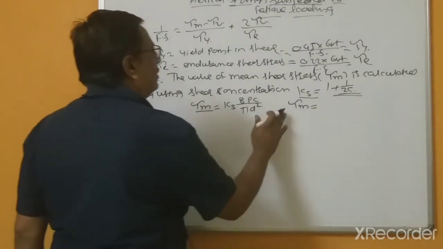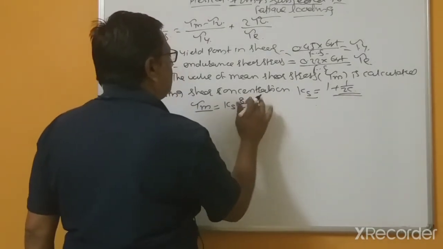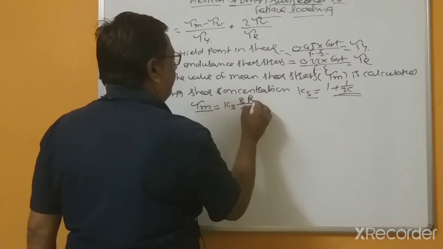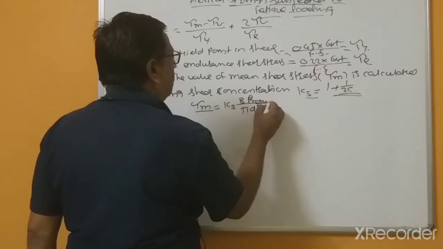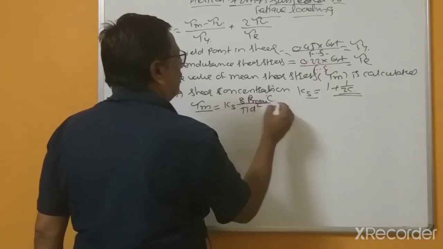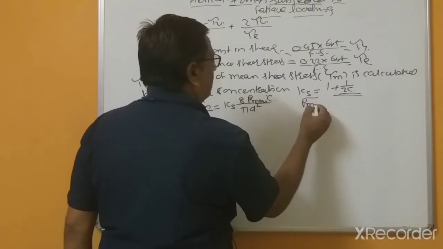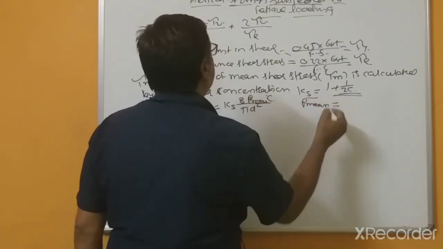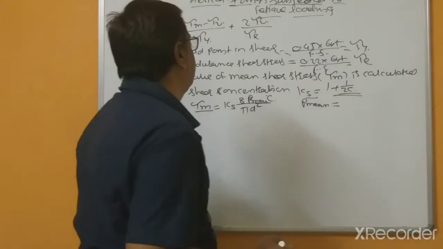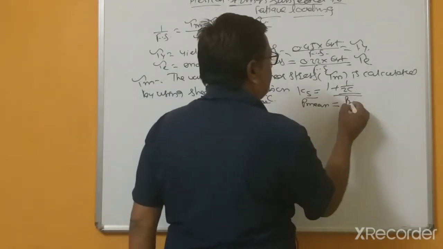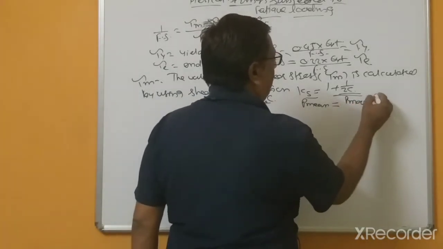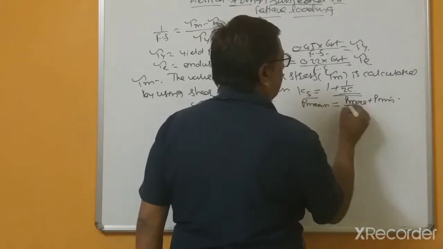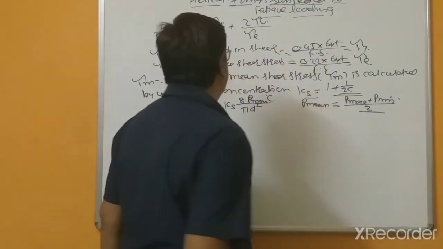No sorry, this is not tau m, this is P mean. P mean equals P max, the maximum load, plus the minimum load, divided by 2.